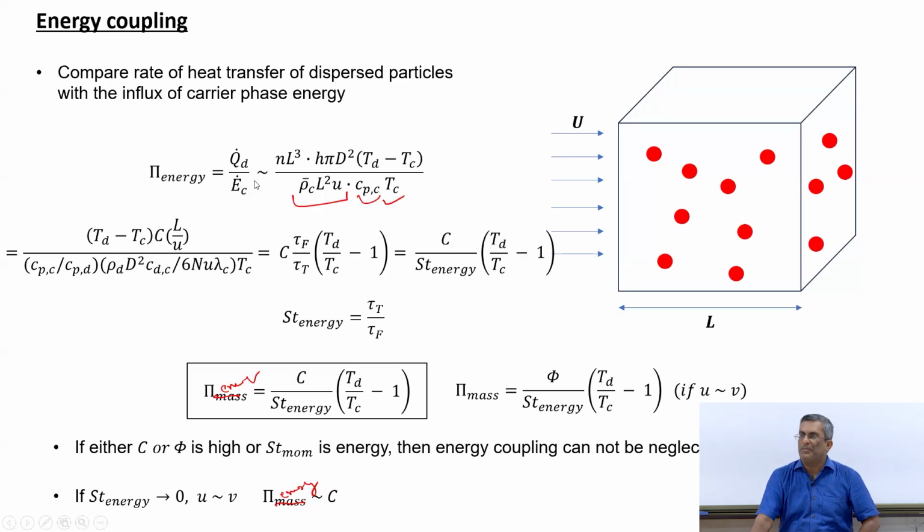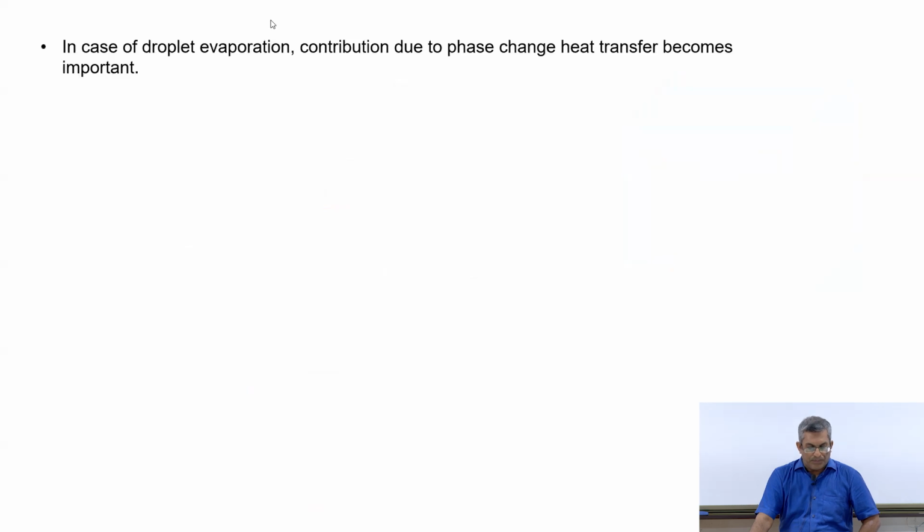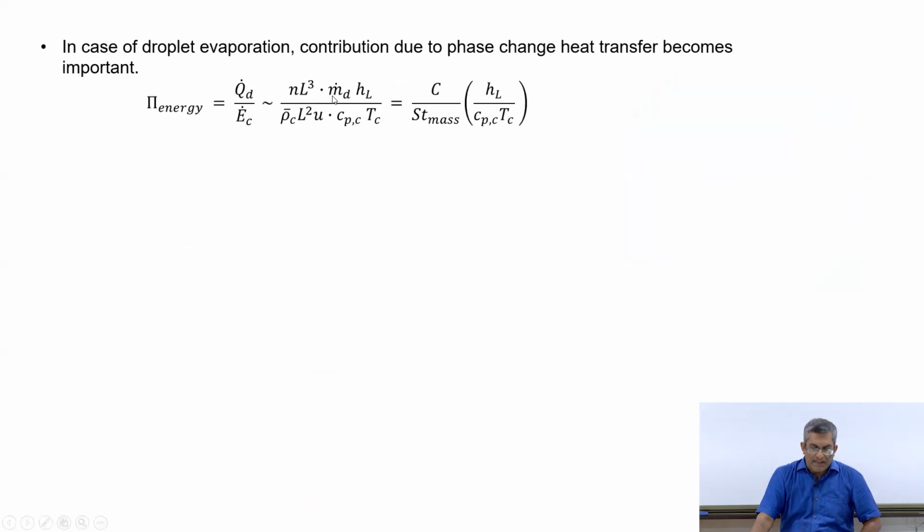So in that case, it makes sense to use the latent heat involved in the evaporation process rather than the direct heat transfer. Okay, and this is given by this.